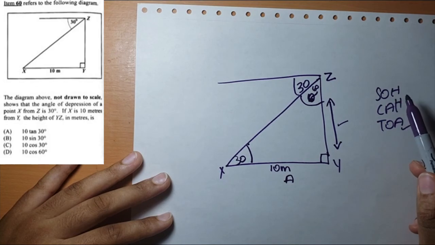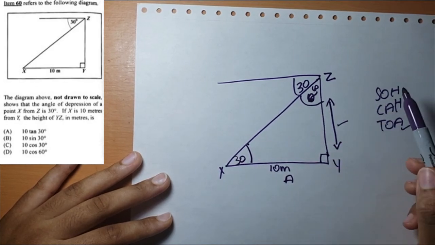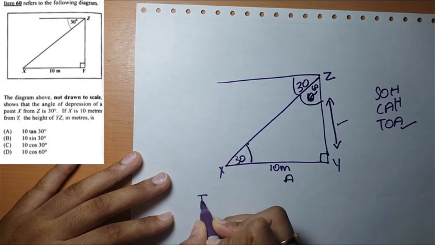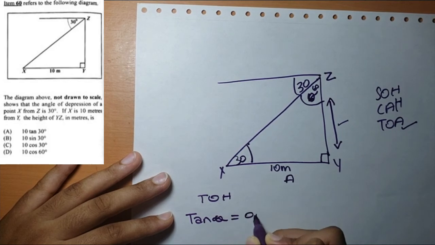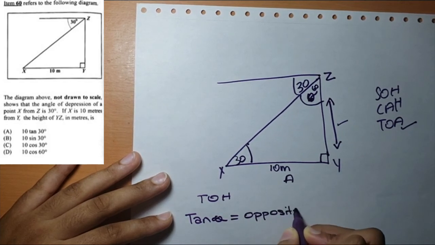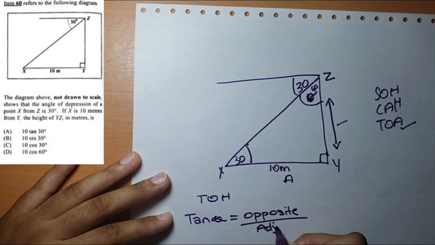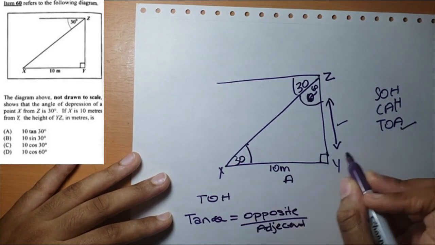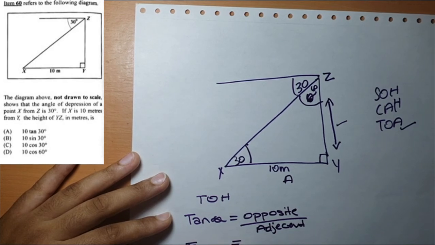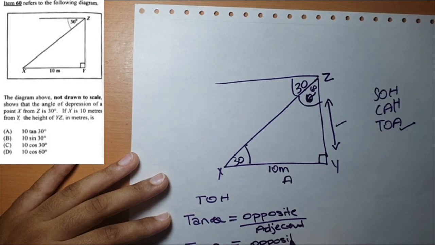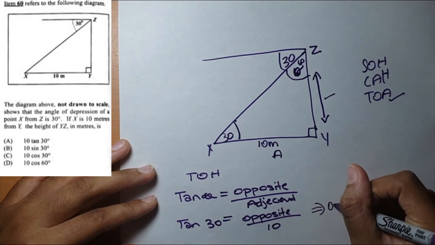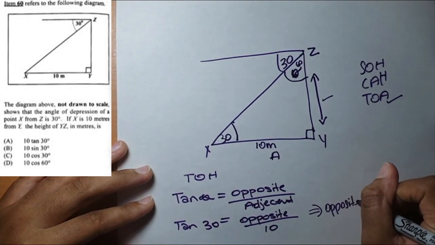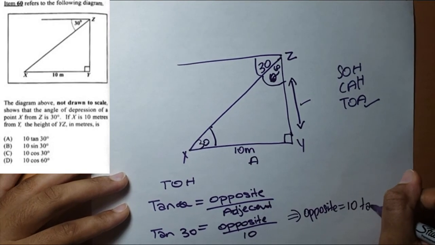So these are talking about hypotenuse. We don't have any hypotenuse or anything like that. So TOA. This is saying that tan of the angle is equal to opposite over adjacent. And this is opposite from the angle. So tan 30 is equal to opposite, which is the side, over adjacent, which is 10. This implies that opposite is equal to 10 tan 30.